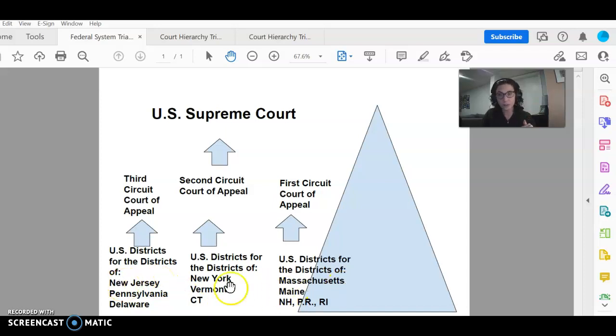So these are the trial courts, the district courts down here. The circuit courts are the appellate courts. And these are all at the same level. So all these trial courts are all at the same level. The circuit courts are all the first level of appeal. And then, of course, they all go up to the U.S. Supreme Court, which is the highest court on the federal side.